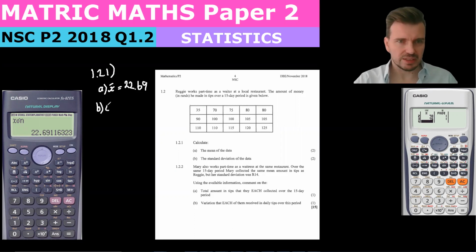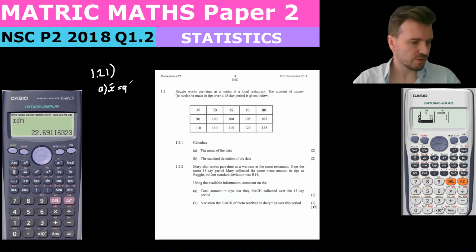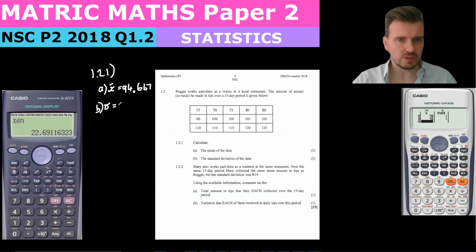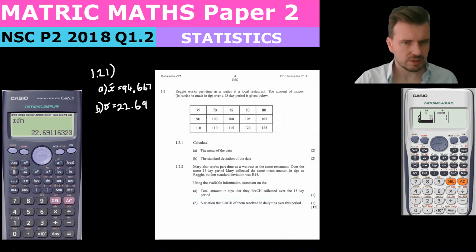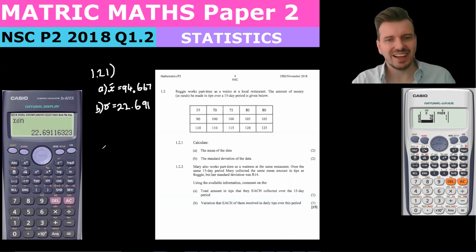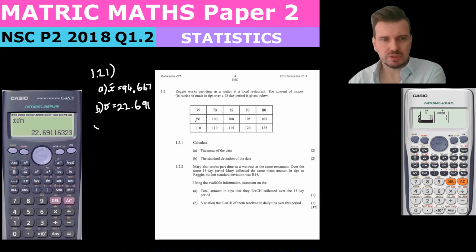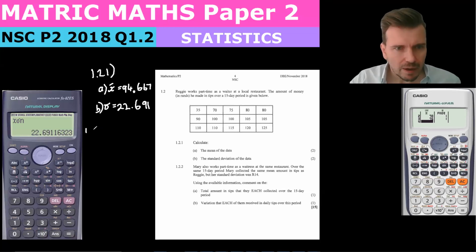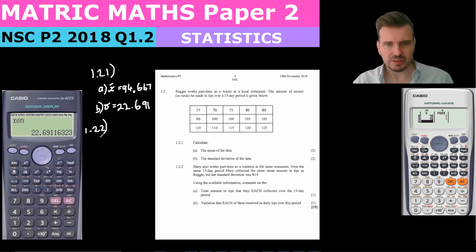B, the standard deviation, that's the button you're looking for on your calculator. Our standard deviation was 22,69. And 1.2.2 says, Mary also worked on the same day and she made the same amount of money, but her standard deviation was less.